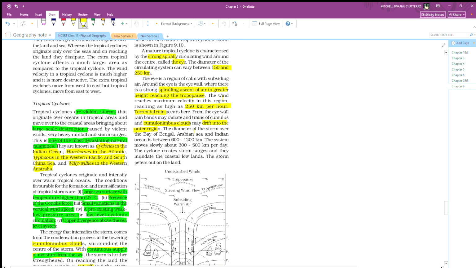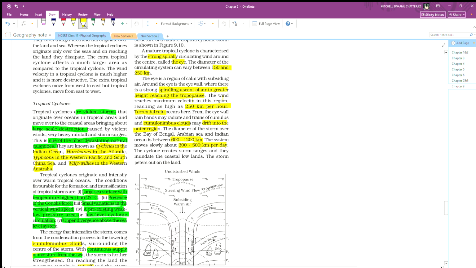The diameter of the storm over the Bay of Bengal, Arabian Sea, and Indian Ocean is 600 to 1,200 kilometers. The system moves slowly, at about 300 kilometers per day.